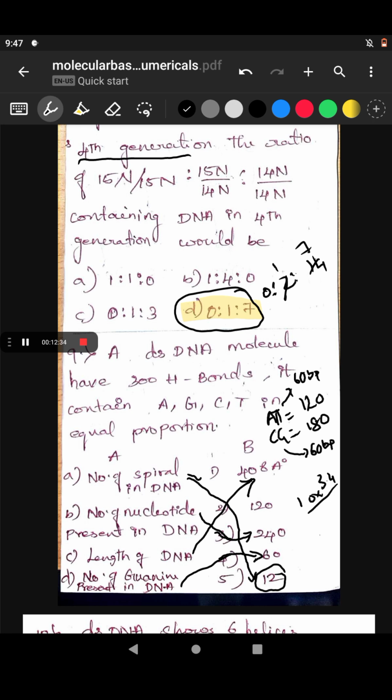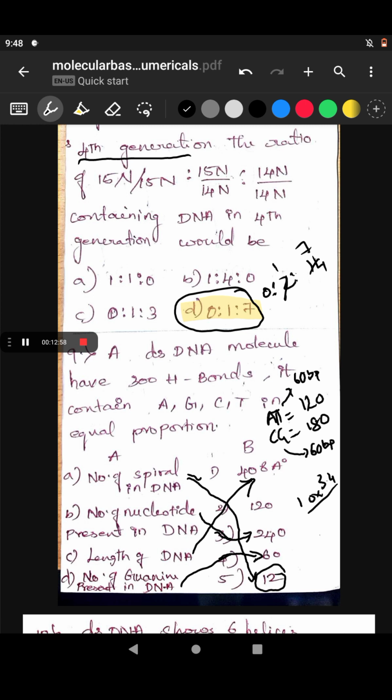Next, the number of nucleotides will be 240. You might be asking how. There are 60 base pairs of A-T, and each base pair has 2 nucleotides, so 60 into 2 is 120.